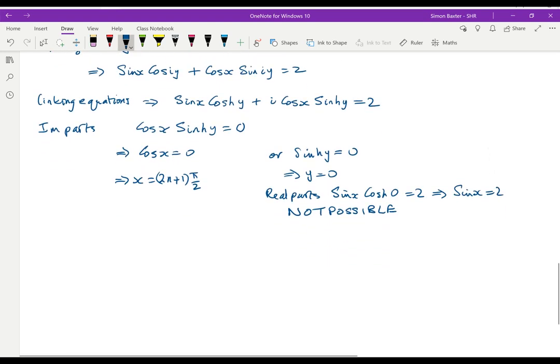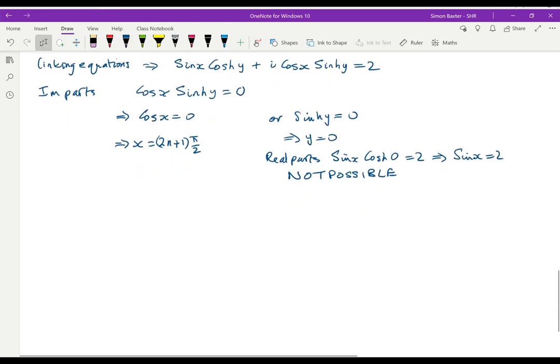Let's move up a bit more space. So we got that from the imaginary parts. If we look at the real parts now in more detail, you get sin x cosh y is equal to 2. x equals 2n plus 1 pi by 2.